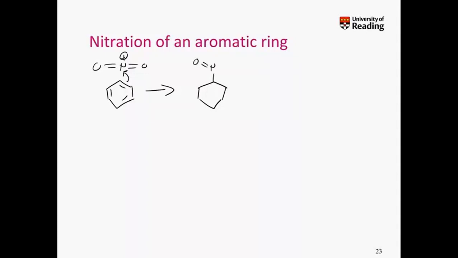Now, the nitrogen needs to do something because it would have too many bonds. But that's quite easy because we can just take some electrons from a nitrogen-oxygen bond. And we can add our positive charge.